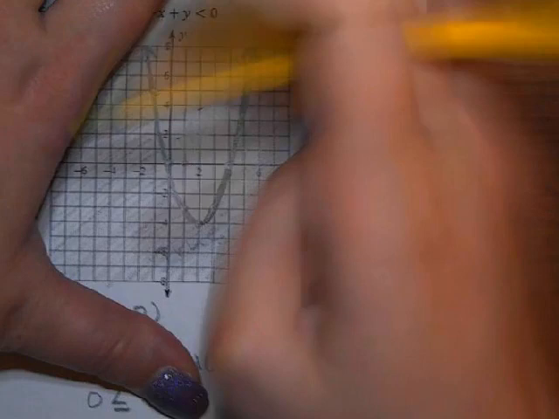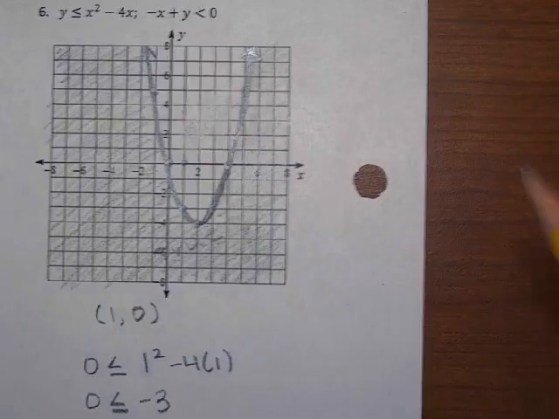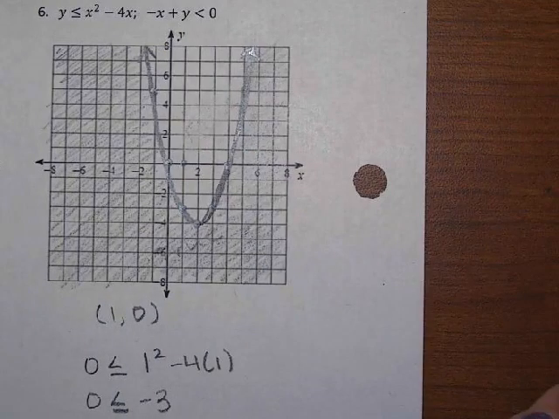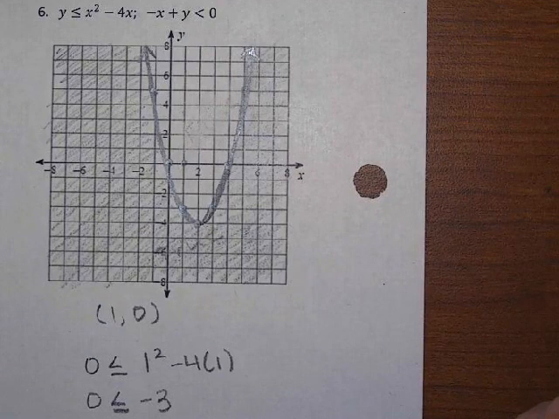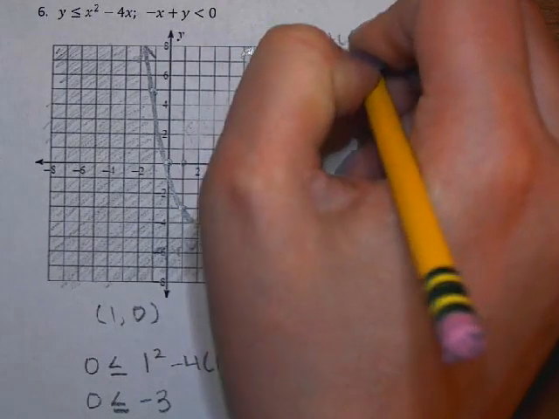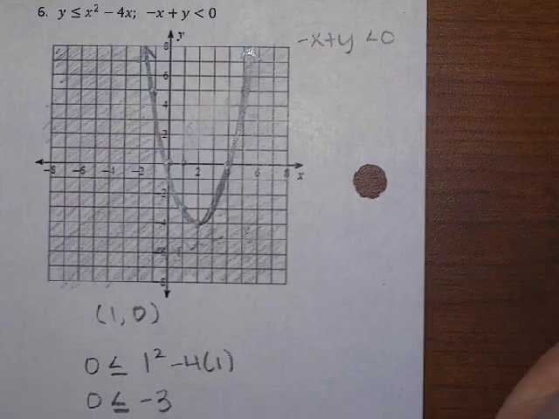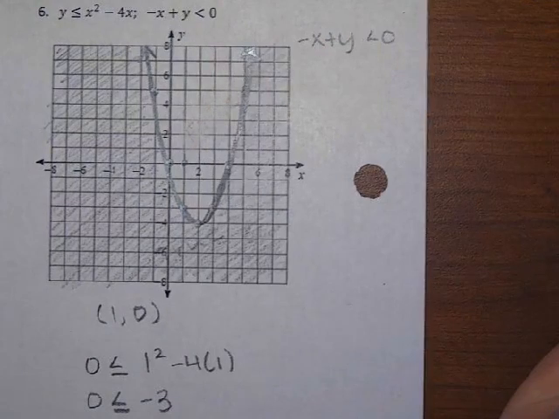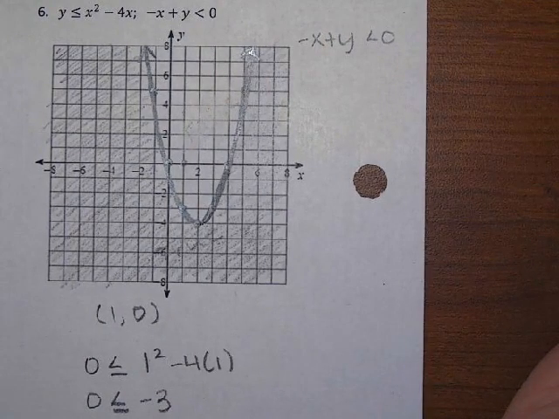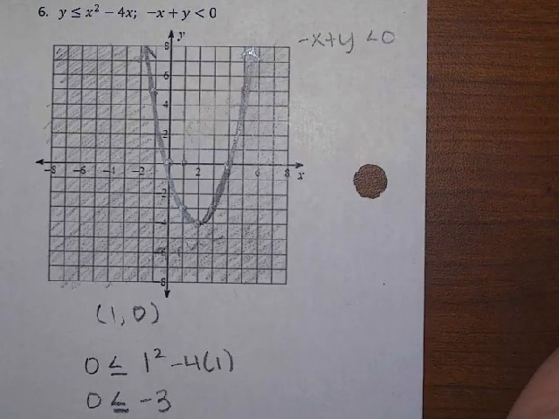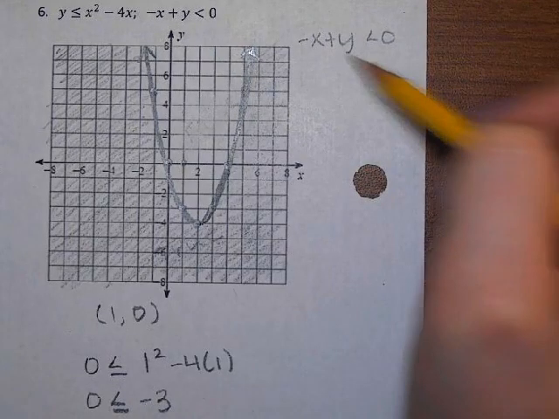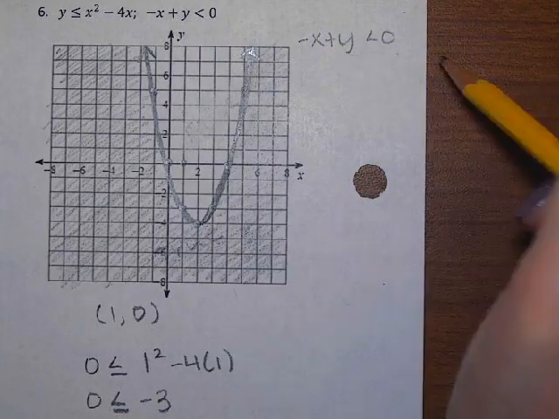Okay. What do I have to do so that I can graph the next one? So what should I do to get the y by itself? We can subtract the y over, we could add the x over.